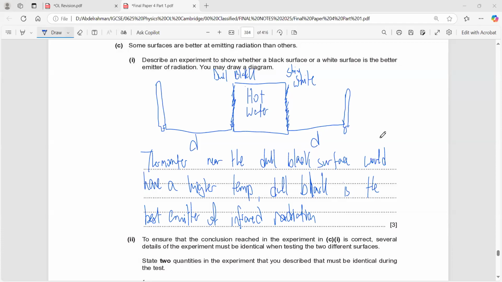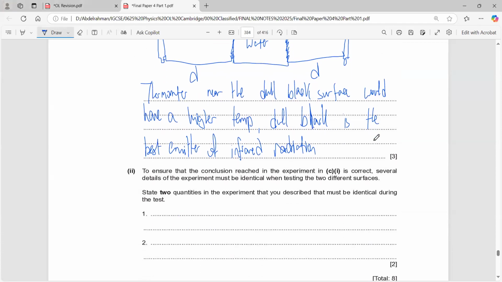To ensure that the conclusion reached in the experiment is correct, several details of the experiment must be identical while testing the two different surfaces. I just said them. Two quantities that must be identical during the test: same temperature of water, same volume of water. If I want to repeat the experiment, yes, you need that.